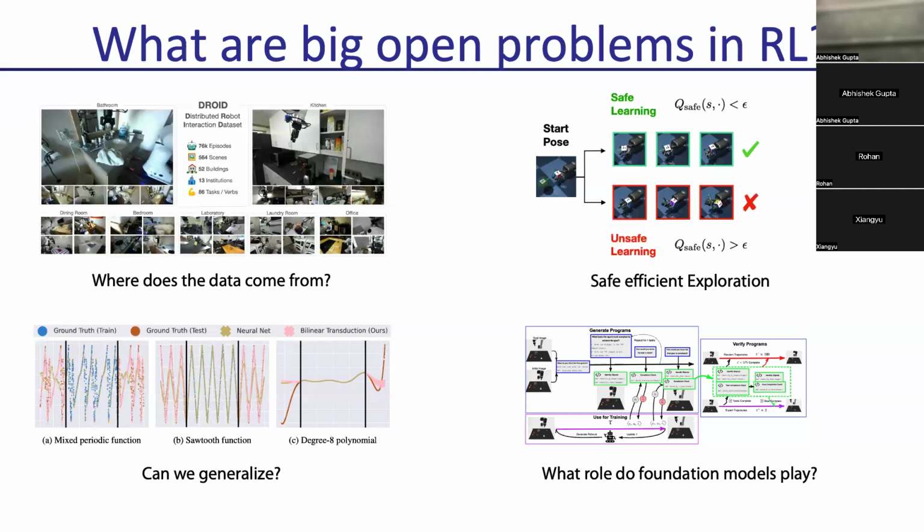You have to think about efficiency and doing it around people, right? We haven't really figured out how to make RL algorithms generalize, right? So we have to think about generalization, what it means, how do we formalize it, what assumptions can we make? And then if we can't collect enough data, can foundation models help bridge the gap and where do they fit? I think it's an interesting question.